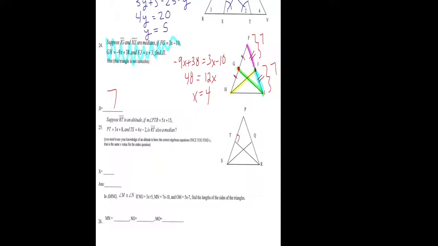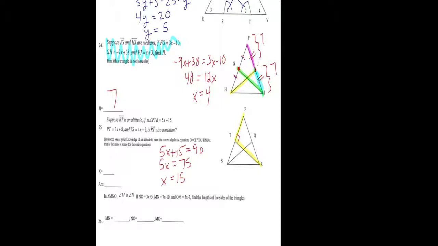And angle PTR is that angle right there. Well, if angle PTR is a right angle and it's equal to 5x plus 15, I can say 5x plus 15 should equal 90 degrees. Subtract 15 from both sides, so 5x is equal to 75. X then has to be 15.